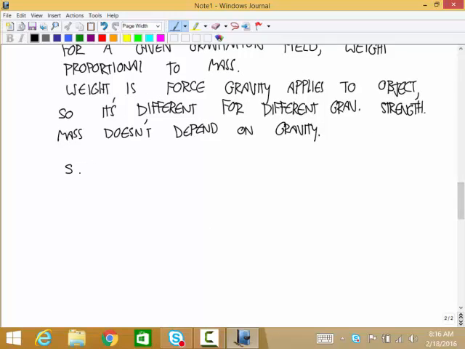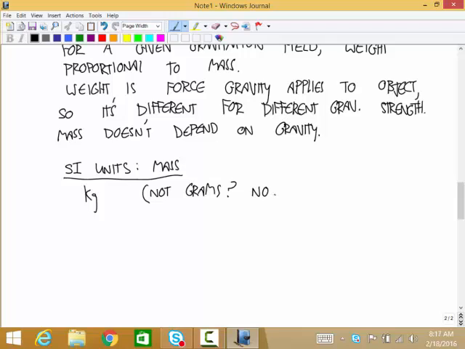SI units for mass are kilograms. That seems a little odd, because you'd think it would be more natural to use grams, since kilo means 1,000 grams.